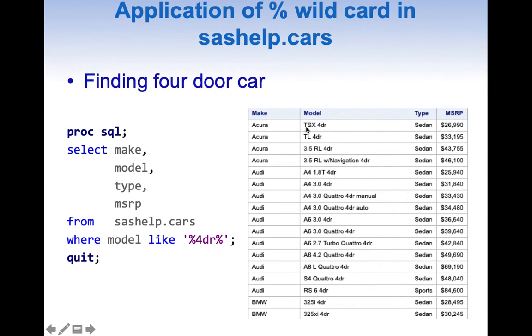If you see the Model column, it has a long text, and to find 4-door we cannot use equal to or not equal to. We need to use a wildcard, something like where Model like in quotes percent 4dr percent, quotes close. This will give us all the cars which have 4 doors.